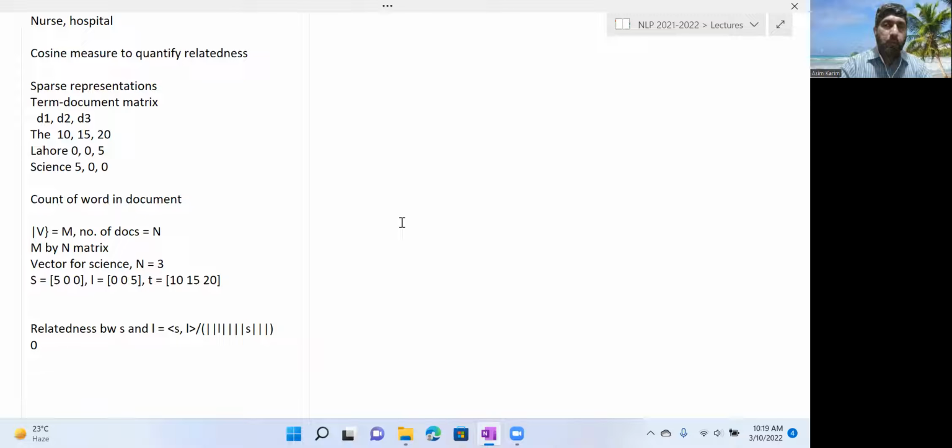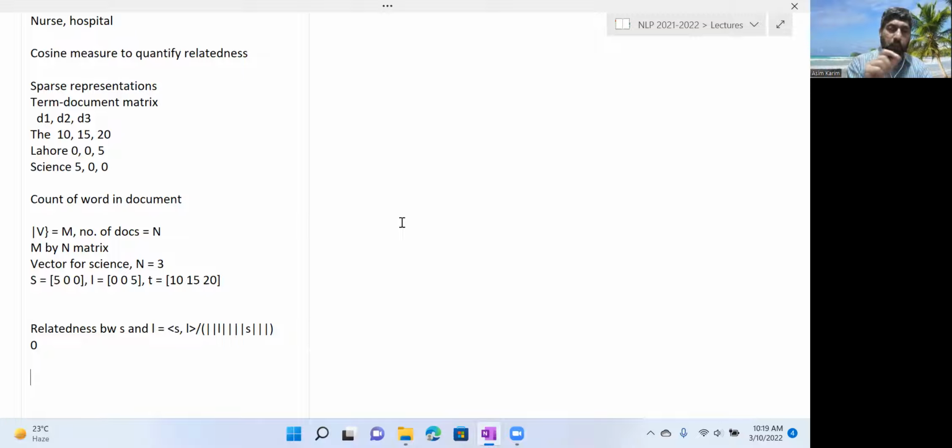So we had used counts as the numbers in the matrix. It turns out that count is not a very discriminative measure. So you would like something that is more discriminative. For example, in the example that we saw, the word D occurs frequently in almost all documents because it's a common word.